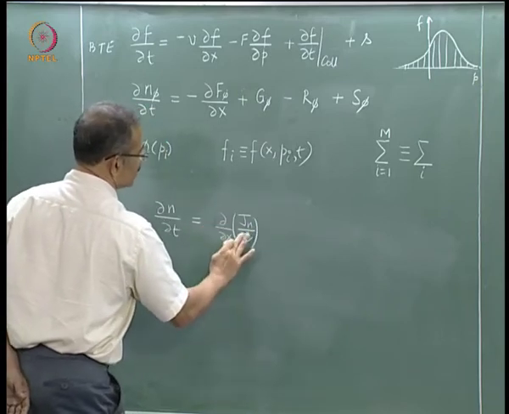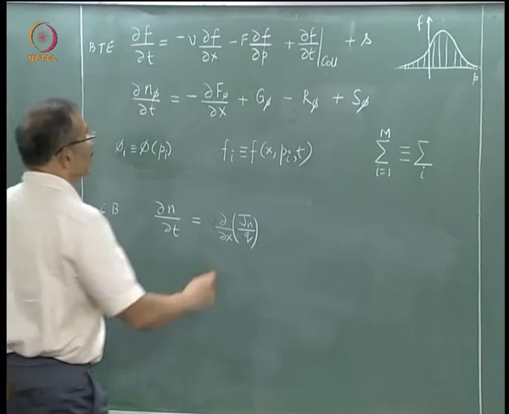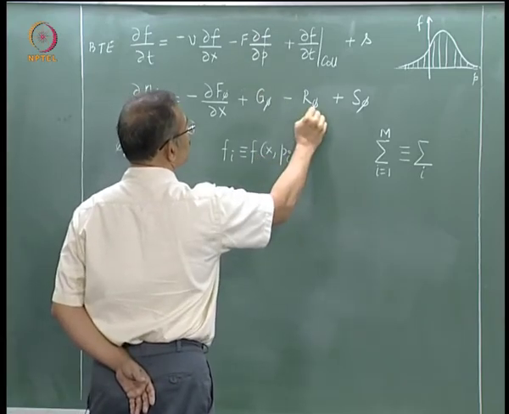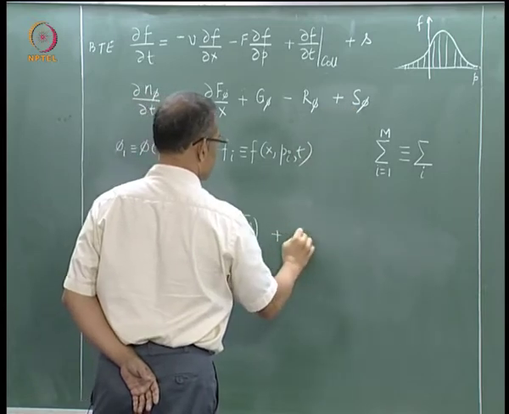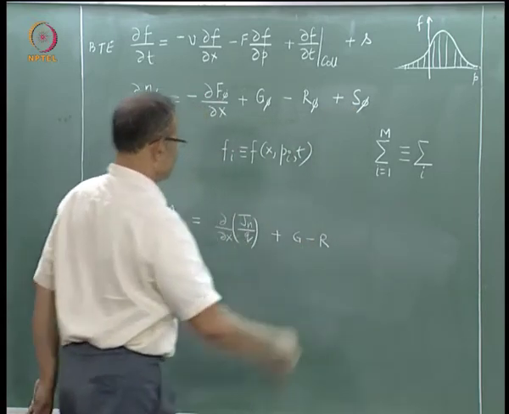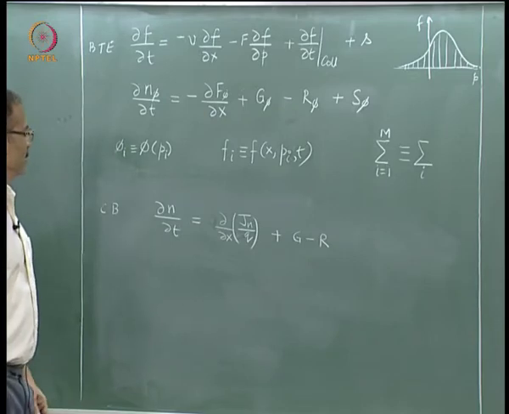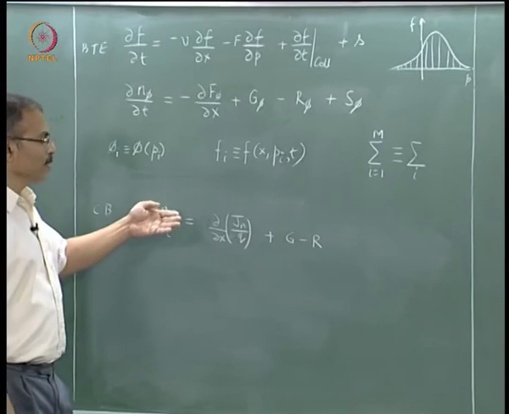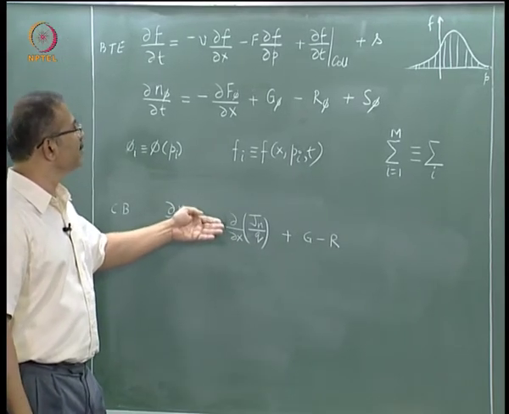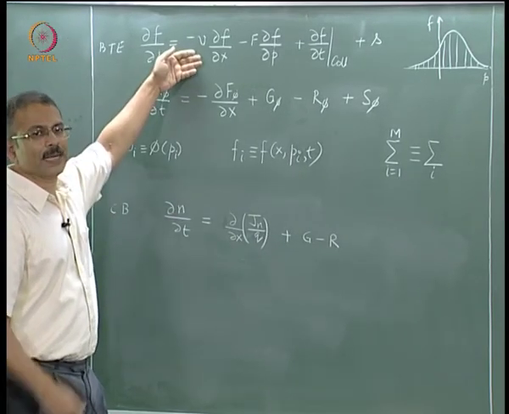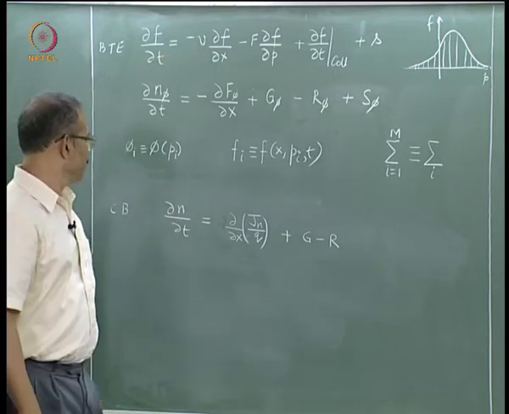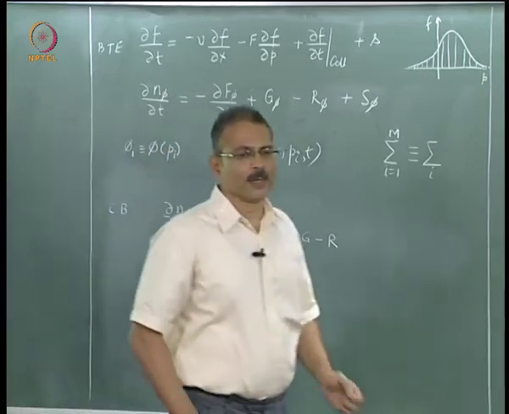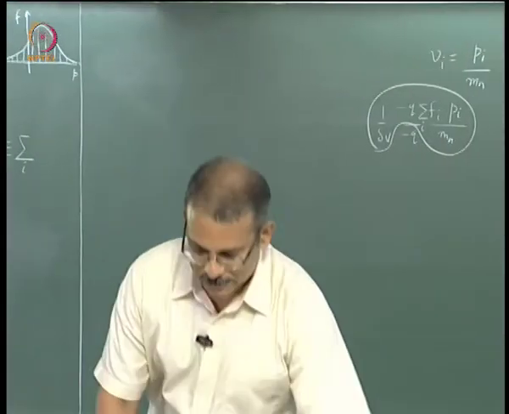So these two negative signs go away. G phi is 0, R phi is 0, S phi is G minus R, generation minus recombination rate. So that is your continuity equation, you will recall. So now the important thing is we have shown it is derivable from the Boltzmann transport equation, right, and we have shown how you derive it. We will call it as the carrier balance equation. Let us look at the next equation.